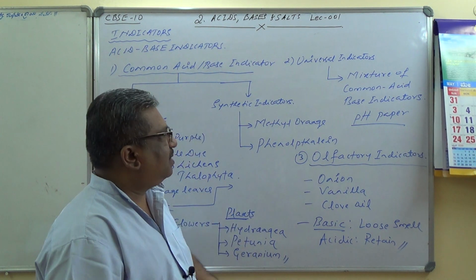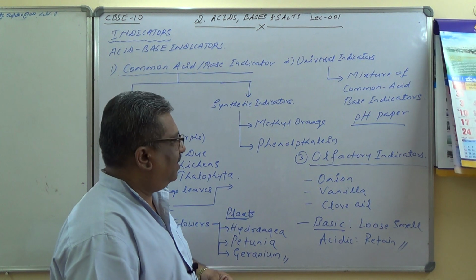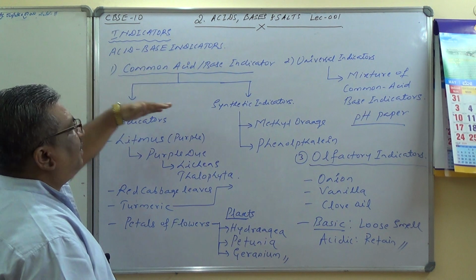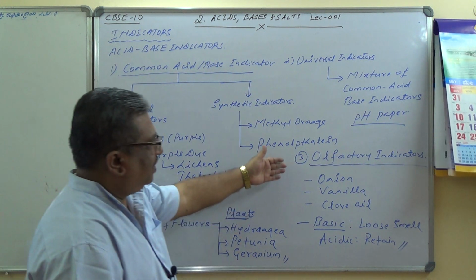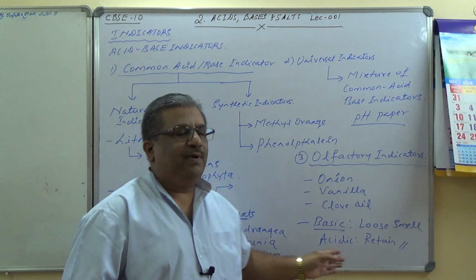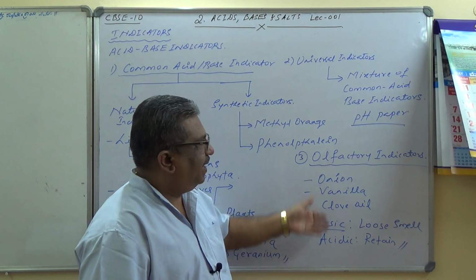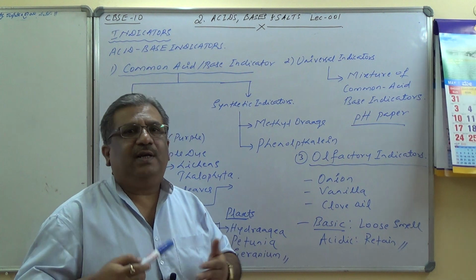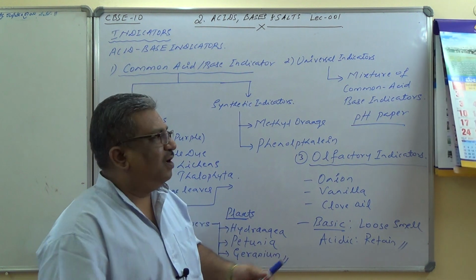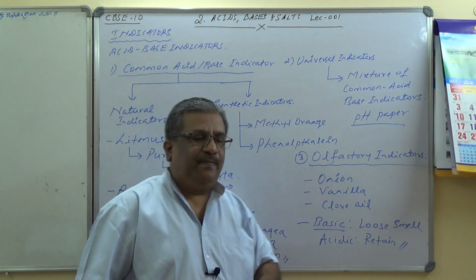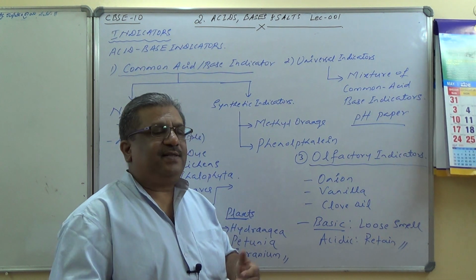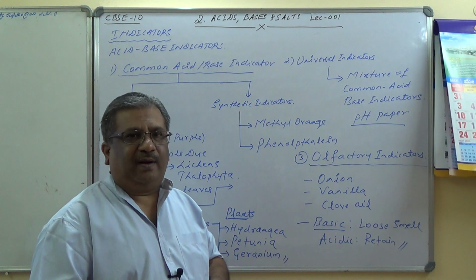Anyway, we are going to discuss 2-3 activities which are given, but before that you must understand the different types of indicators. I hope you are able to understand here. Even though only the names have been given in your textbook, whether they retain or they lose smell is not given in your textbook. But last year there was a question based on, I think, this vanilla essence, whether it retains its smell or loses its smell.